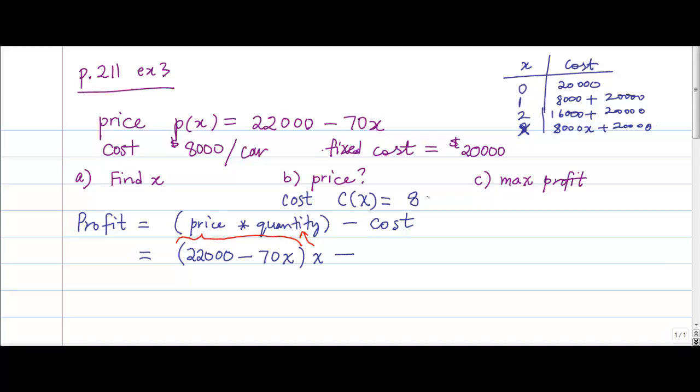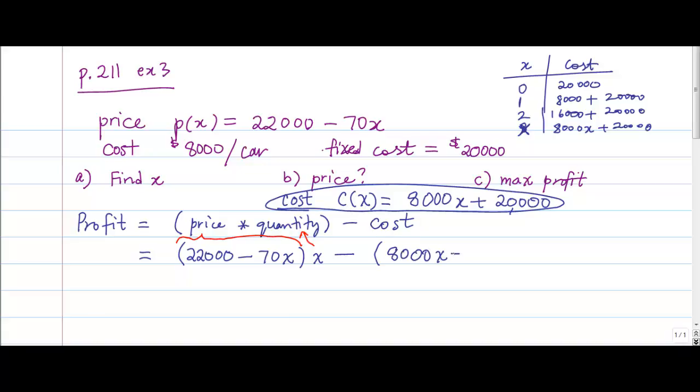So that is the cost function, 8,000x plus 20,000. Okay, so this part goes here. So minus, and don't forget your parentheses, you're subtracting this whole function.